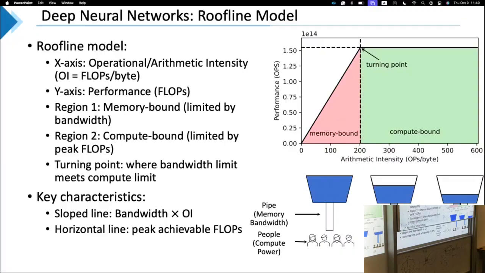The first is to increase your algorithmic intensity, which means you try to reuse more and more data transferred from memory, to move this point to the right. And if you are designing hardware, you can also try to increase your memory bandwidth. So in different scenarios, you have different strategies, and this is what we will cover in the rest of this lecture.